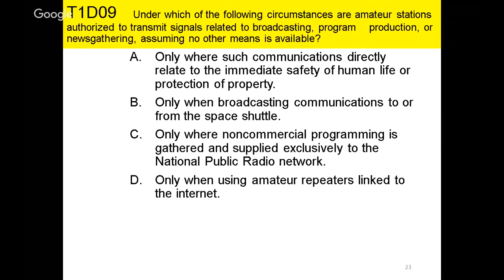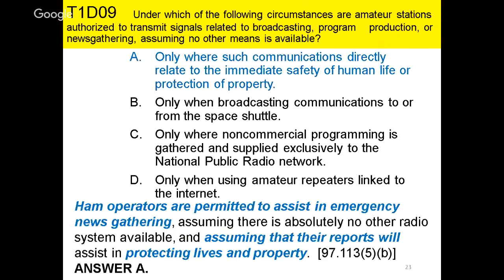Generally speaking, we're not allowed to broadcast anything. We're not allowed to be into any kind of commercial program production or news gathering and sending it out to the general public. Only where such communications directly relate to the immediate safety of human life or protection of property, and assuming that there is no other means available.